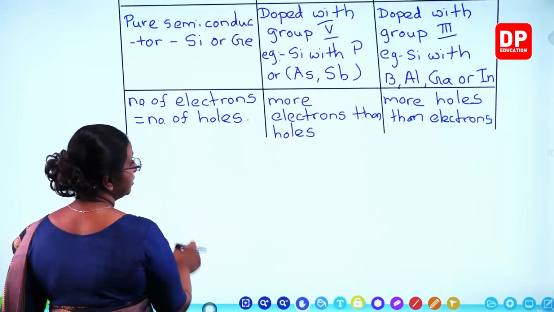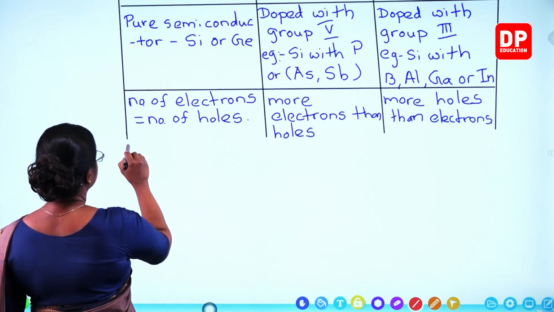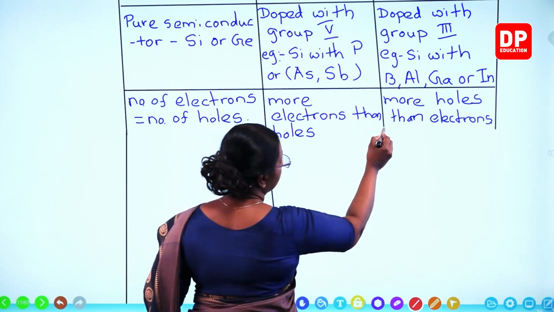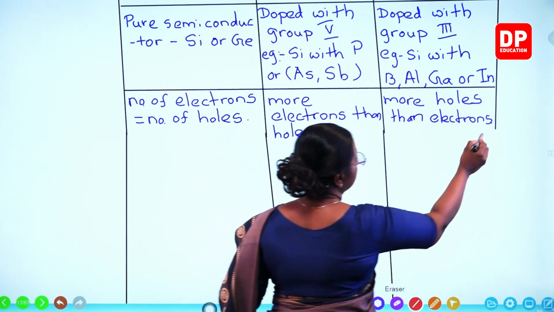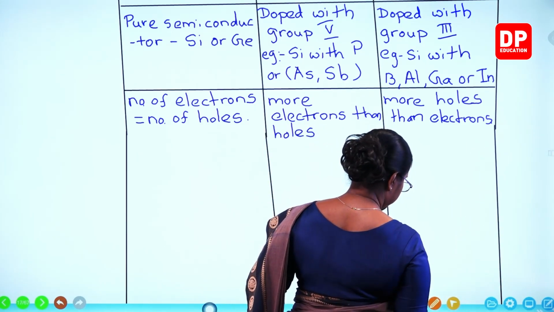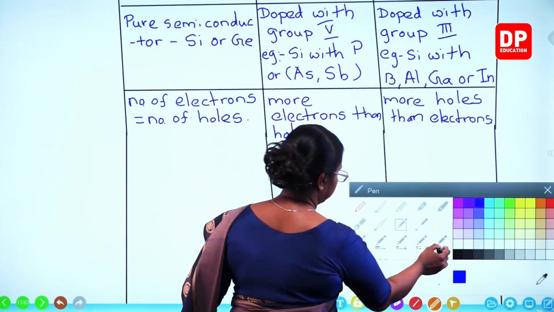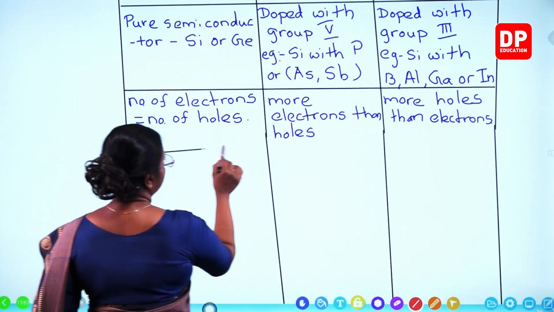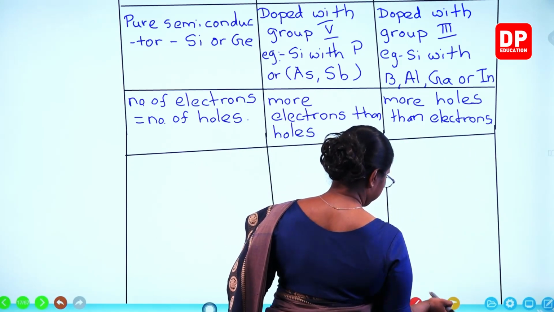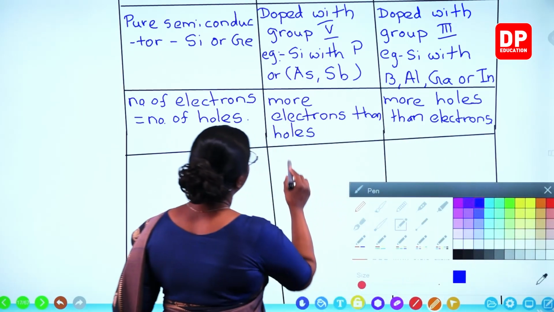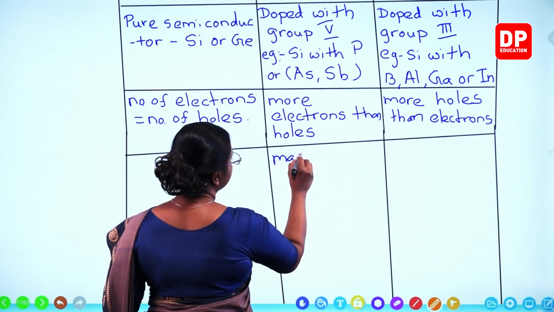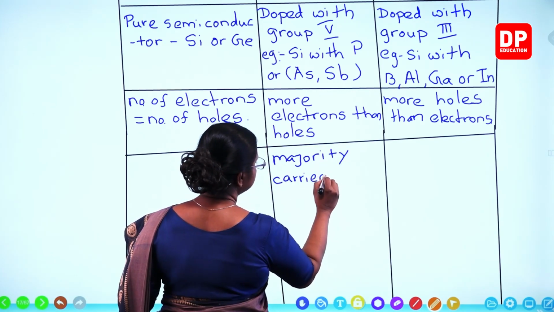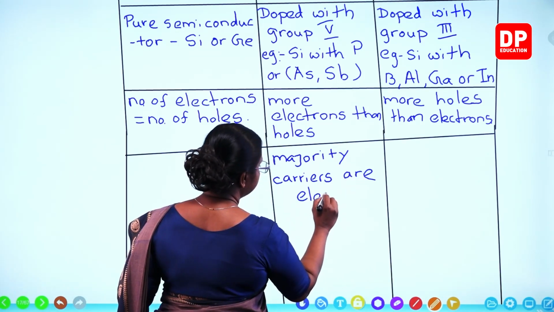So if we continue with the table, because of this we call majority electron carriers. Carriers are electrons.